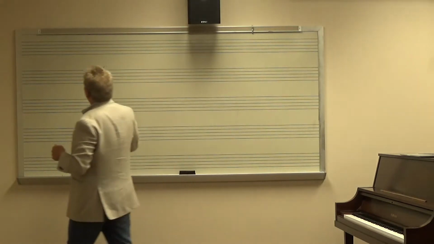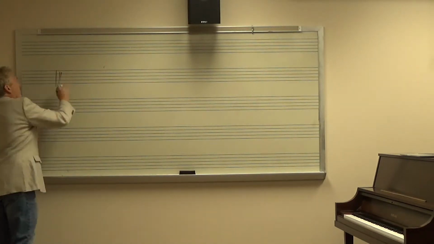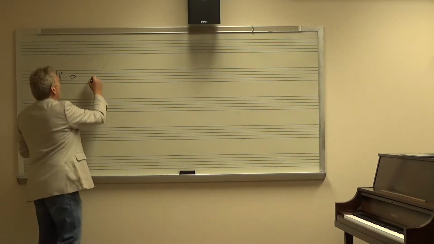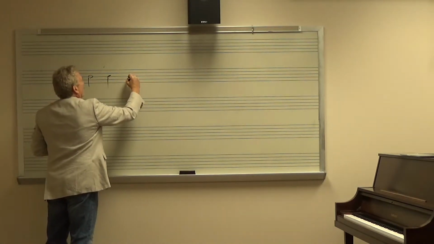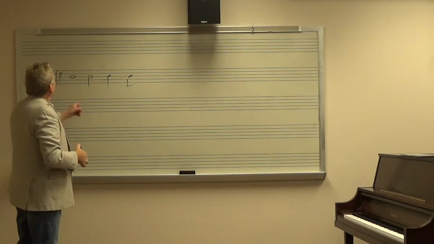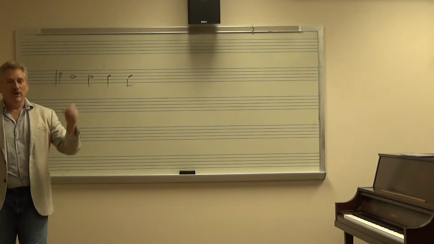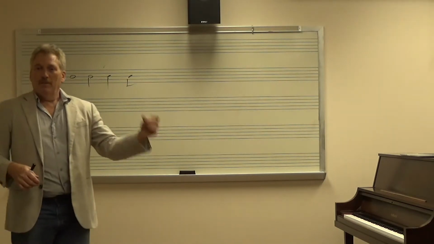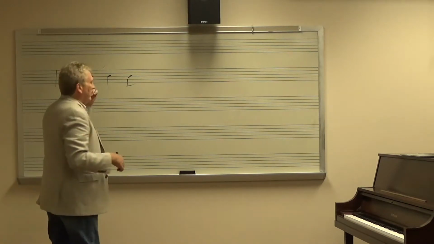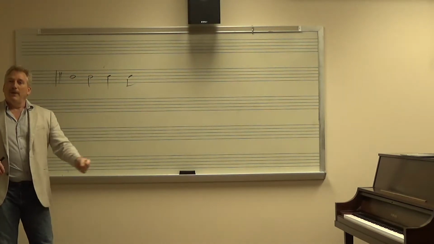I can designate that my beat, that is what I hear as the pulse of my piece, can be a whole note, a half note, a quarter note, or an eighth note. Out of any context, if I said my whole note's my beat, then it is pop, pop, pop. But I'm going to say my beat now is the half note: pop, pop, pop, pop.